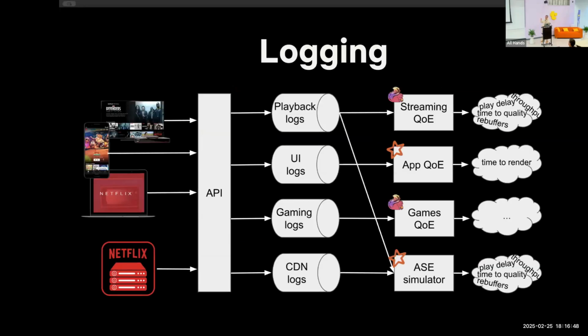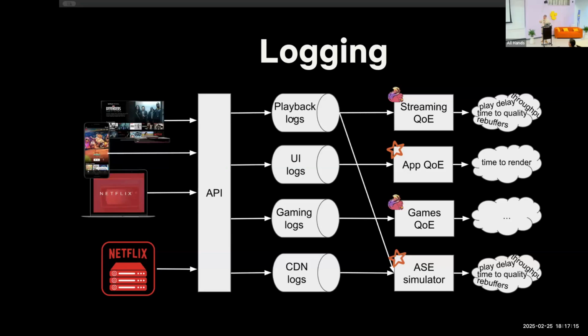Here's a super high level and super simplified architecture. You have devices on the left. We also have our own CDN, on the lower left part of the slide here, and they all log data. We have playback logs.